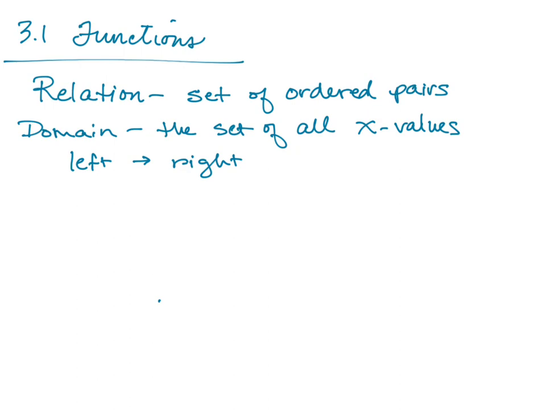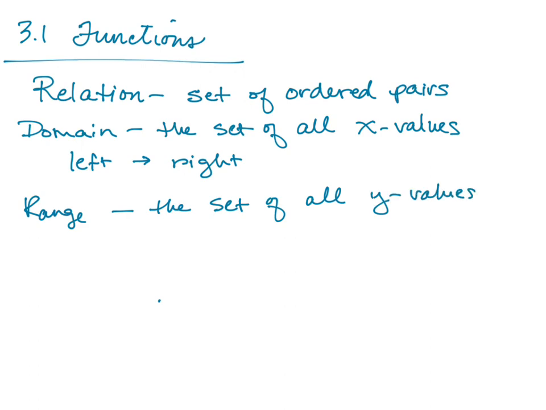Okay. What's the other word? Range. So if the domain is the set of all x values, then the range is going to be the set of all y values. And so that's going to measure always from the bottom of the graph to the top.